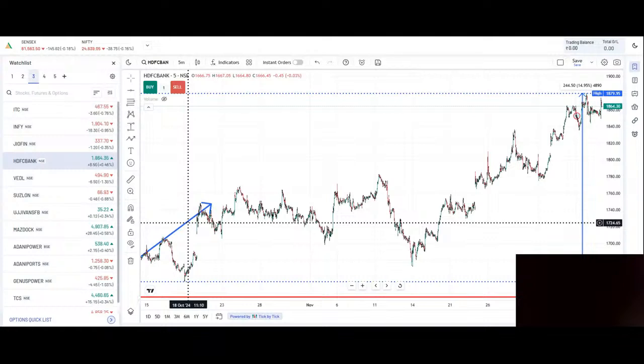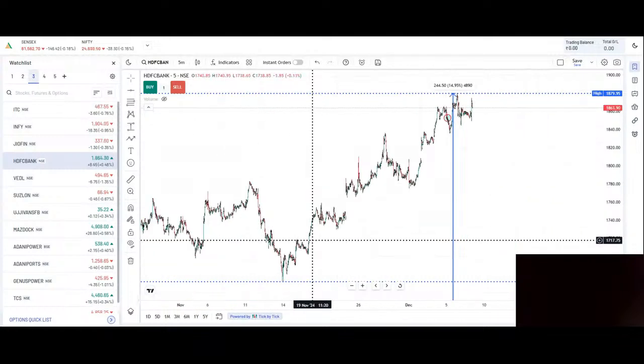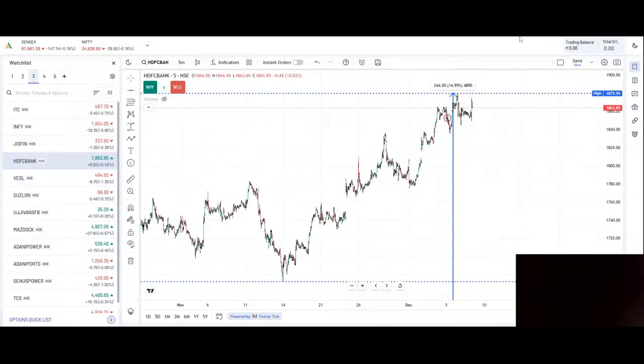So what we'll do is we'll now watch and see how our stock is going to behave and whether the strategy which we have applied for our stocks is really going to work or not. So we'll just hold and trade. Let's see what happens.